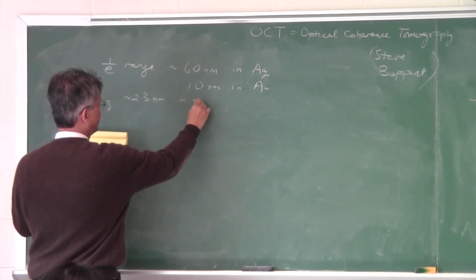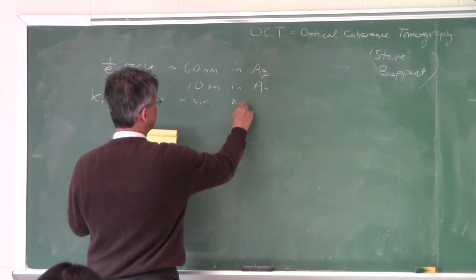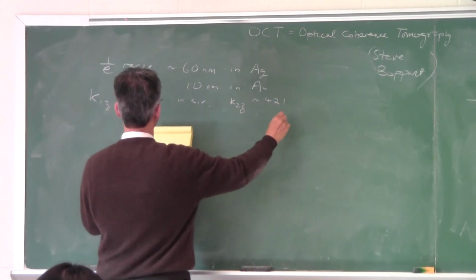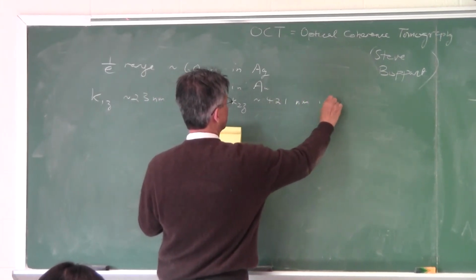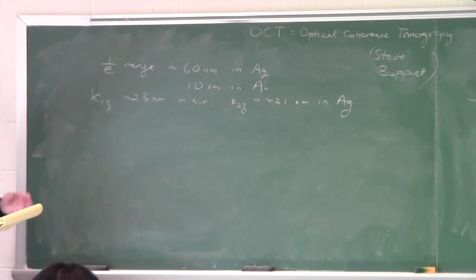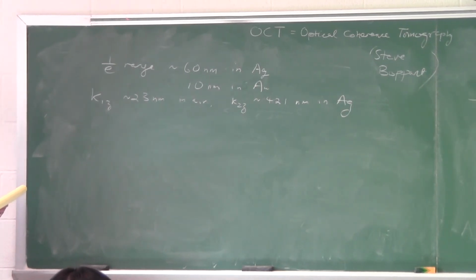So this is the air part. And then K2Z is 421 nanometers in gold. You have a gold-air interface. Those are some of the numbers I get from Novotny's book. I hope I didn't have this reversed.